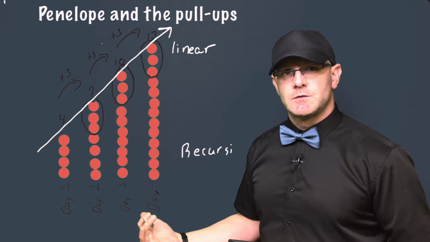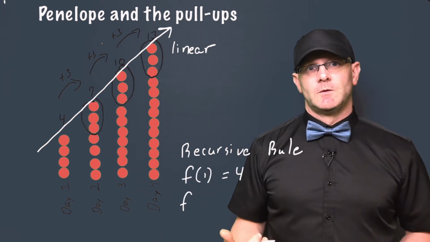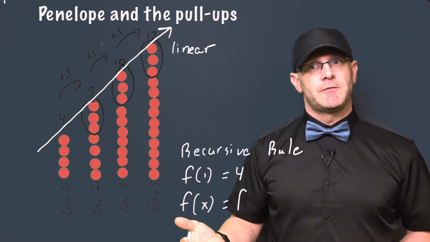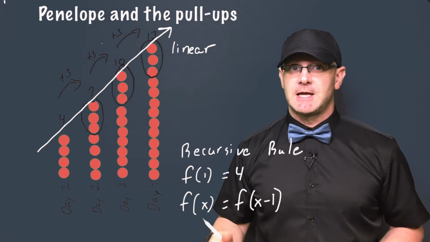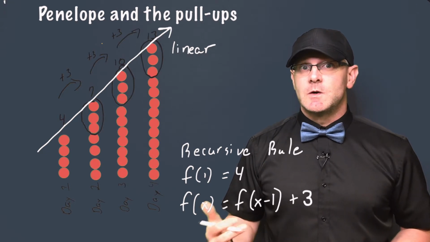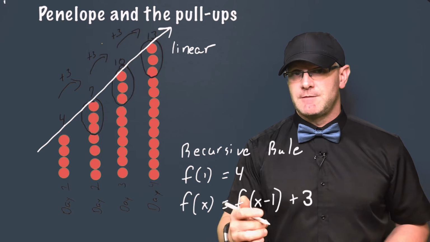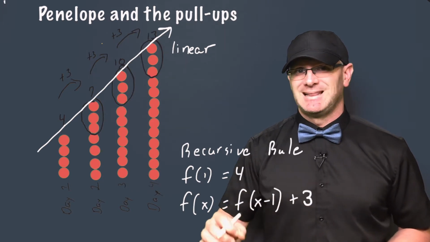So our recursive rule for this linear function, f of 1 is going to be 4 pull-ups on the first day. F of x is going to be equal to f of x minus 1, our previous output, plus 3.